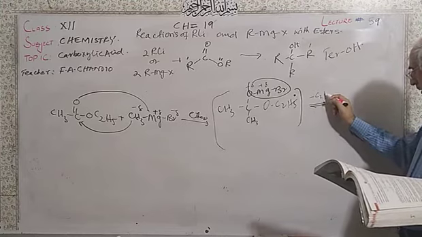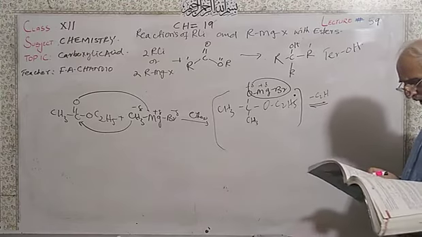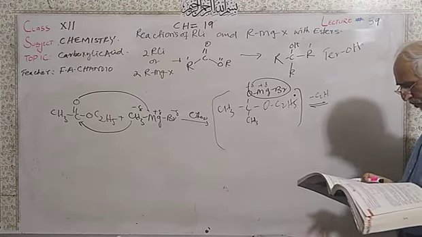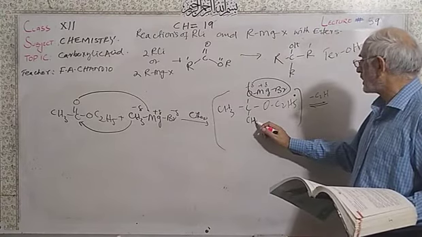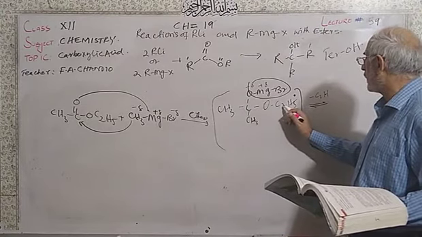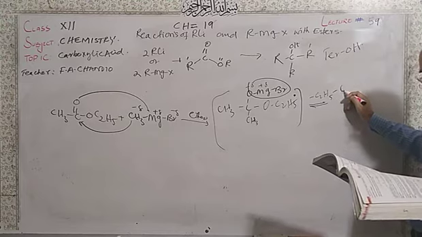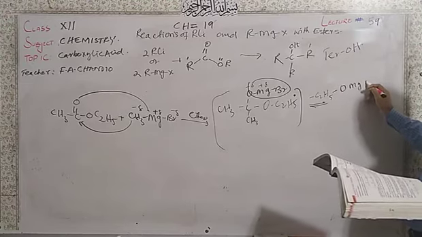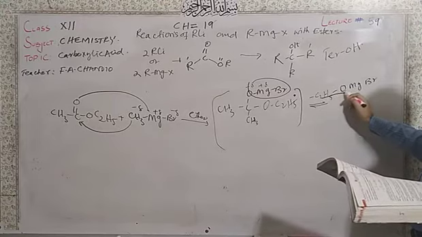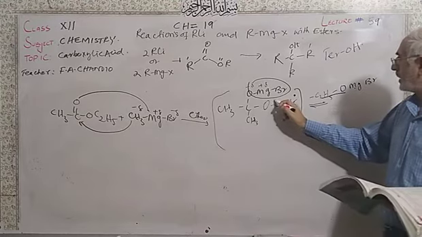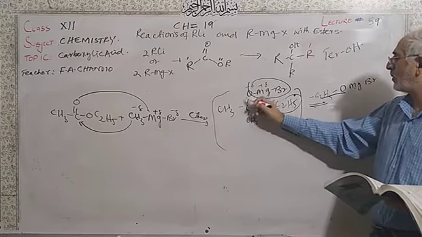So minus ethoxy magnesium bromide is going to be removed, and you will get acetone, CH3, C double bond O, CH3.